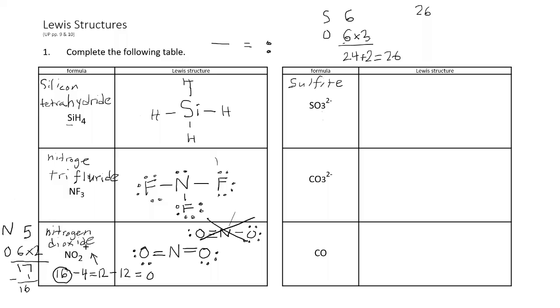So the next step is to put the first atom in the center. So I'm going to put sulfur in the center since it's the first atom in the formula. And that's pretty much true for most molecules. There are some exceptions, and I will point them out. Now we're going to guess the shape using single bonds. So I'll use a single bond to put an oxygen up here.